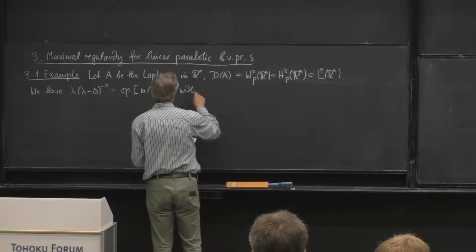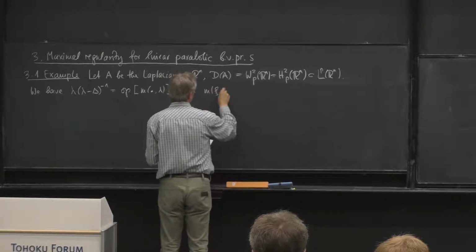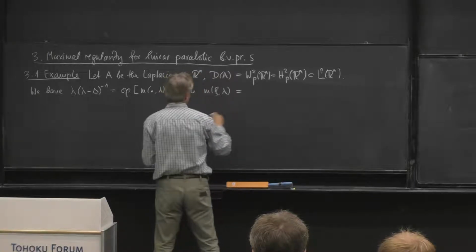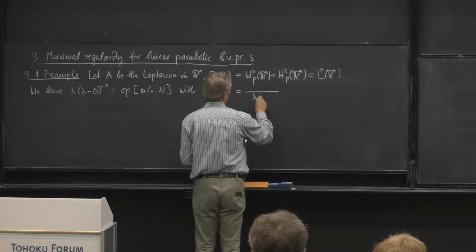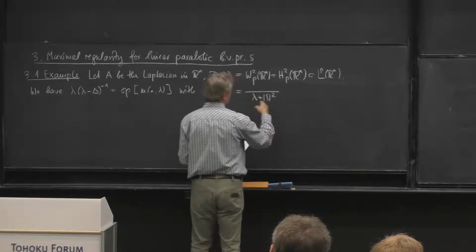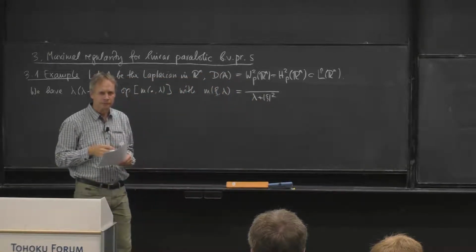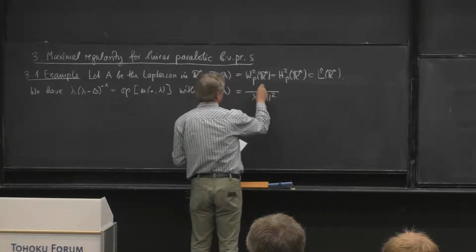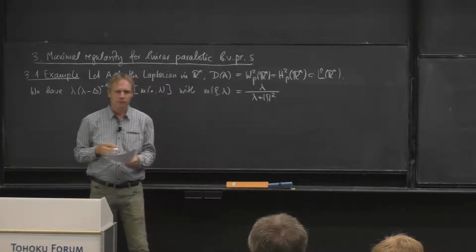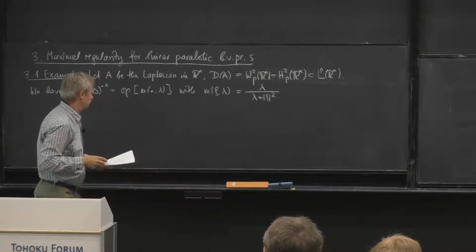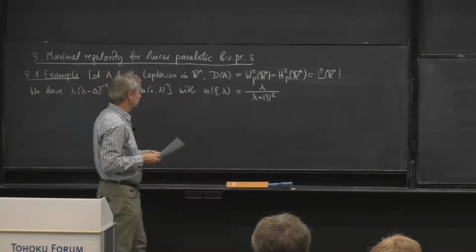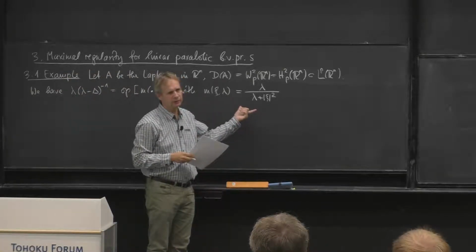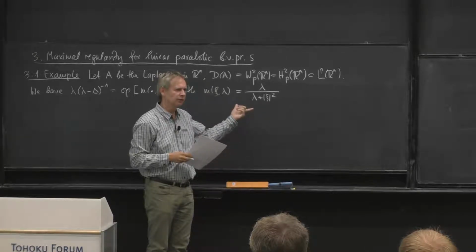So m of xi and lambda. So if I start with the denominator, here I have the symbol of lambda minus Laplacian. And this lambda here gives me this lambda here. Okay, so this is the symbol m of xi and lambda, and this symbol is homogeneous of degree 0.